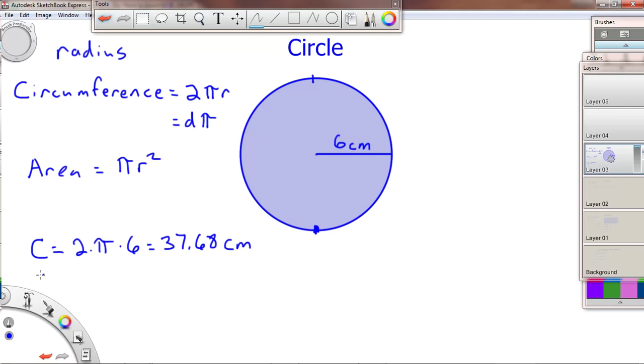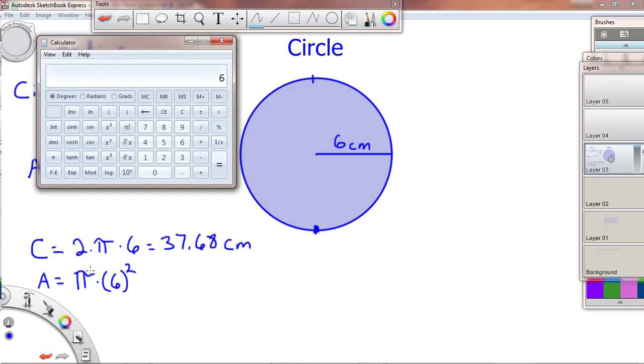Okay, the area of this circle, I'm going to be using this formula, and that's going to be pi times the radius, which is 6, but I need to square that 6. Okay, so the 6 gets squared first, then I multiply times pi.